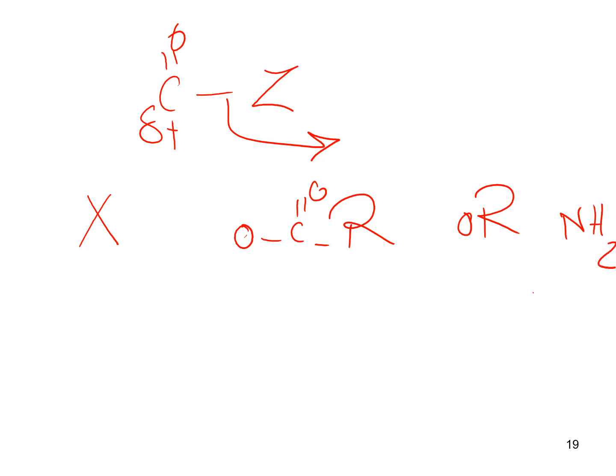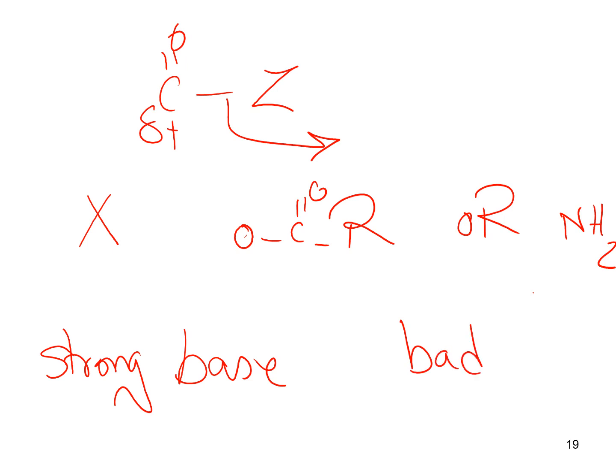Before we discuss this, we have first to remember a few basic points. The first thing is that strong bases are bad leaving groups. Why is that? If a molecule is a strong base, what is the definition of a strong base?